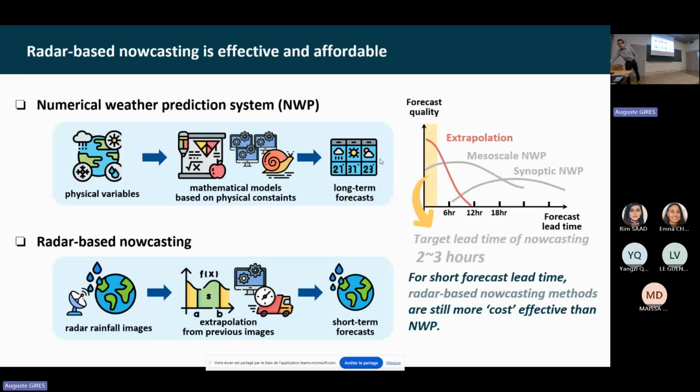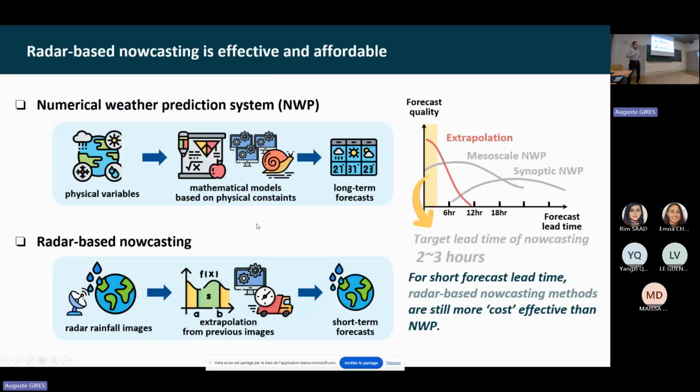In the past 10 years, we can see a significant improvement in NWP. However, NWP methods require a lot of computational resources. Although they can provide quite okay performance in terms of longer lead time, in very short lead time, in the first maybe up to 5 or 6 hours, radar-based nowcasting usually still gives higher forecast skill.